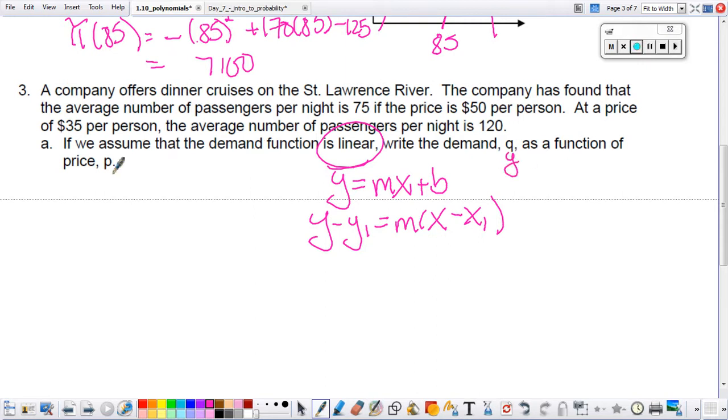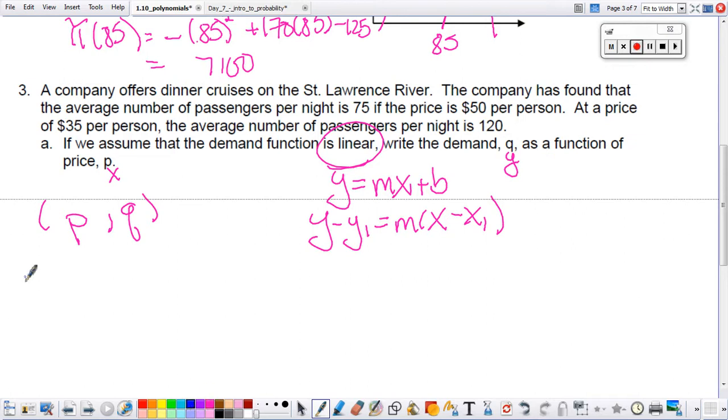Y as a function of x. So when I go to write my coordinates, price is in the x spot and Q, or the demand, is in the y. You would always read this sentence as y as a function of x.